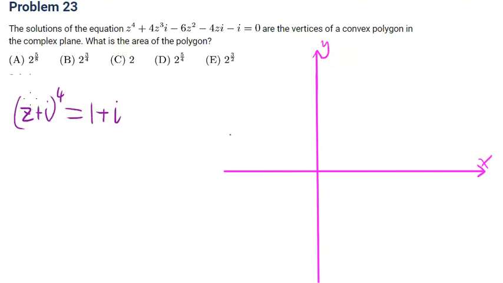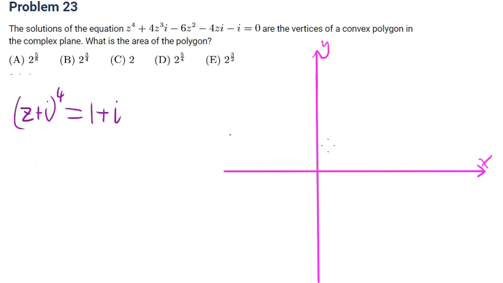Now you just need to figure out all the solutions for z. z plus i to the fourth equals 1 plus i.